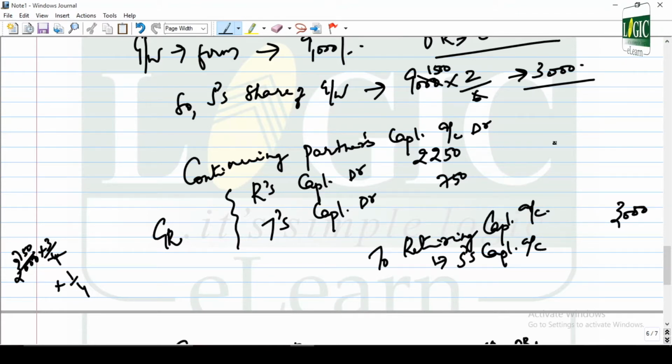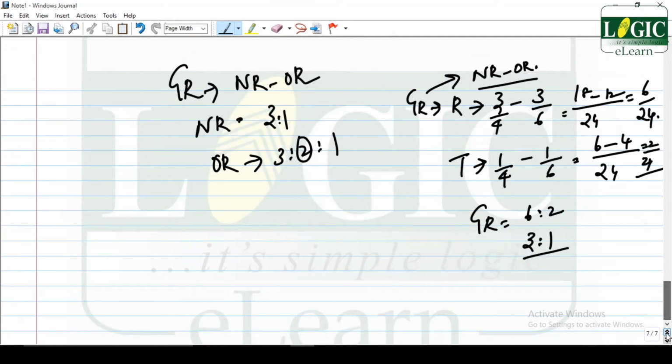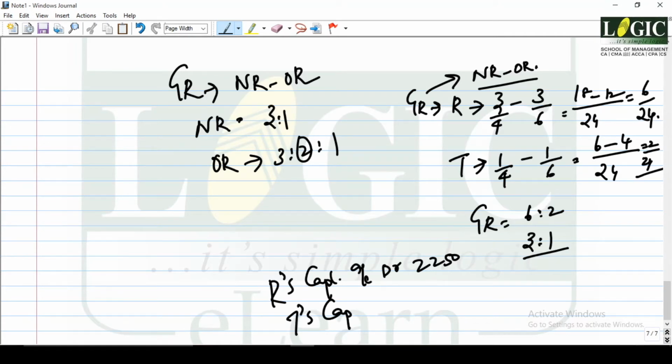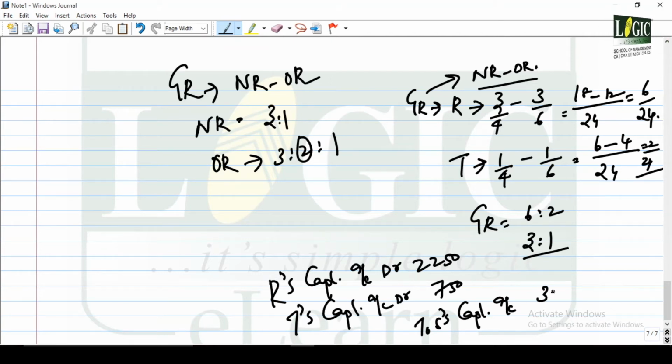Hence the journal entry finally turns out to be: R's capital account debited 2250, T's capital account debited 750, to S capital account 3000.